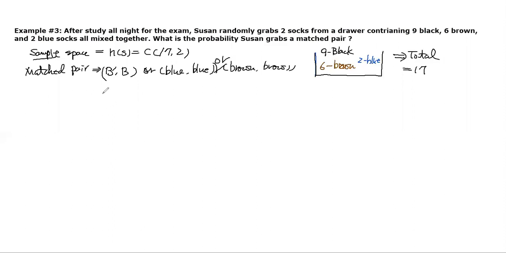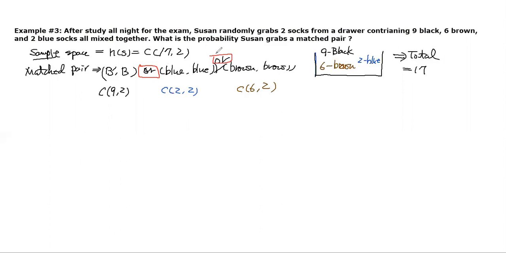The black I have 9, what is the chance I will grab 2? C(9,2). Blue, how many do I have? 2, so I will grab both of them, C(2,2). And the brown, I have 6, I grab 2, so it's 6 choose 2. And also, did you see the keyword? Yes, it's or, right? So that means it's black or blue or brown.